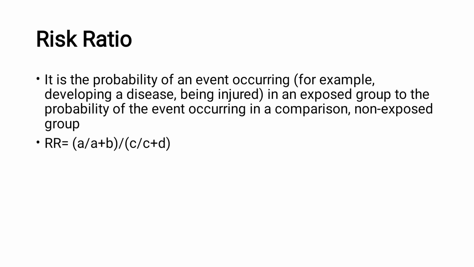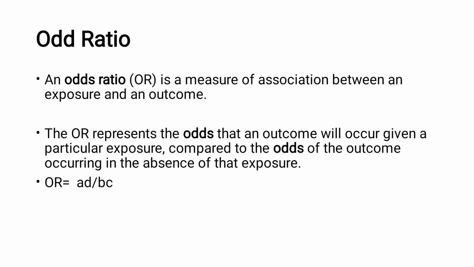Risk ratio is the probability of an event occurring, for example developing a disease or being injured, in the exposed group compared to the non-exposed group, denoted by RR is equal to A over A plus B divided by C over C plus D. Odds ratio is the measure of association between an exposure and an outcome.